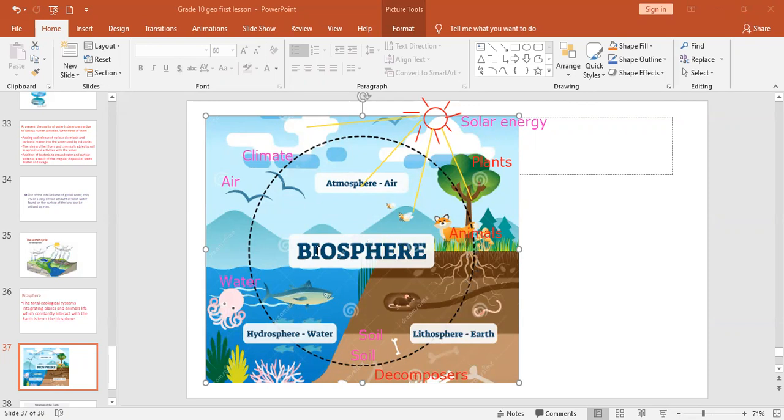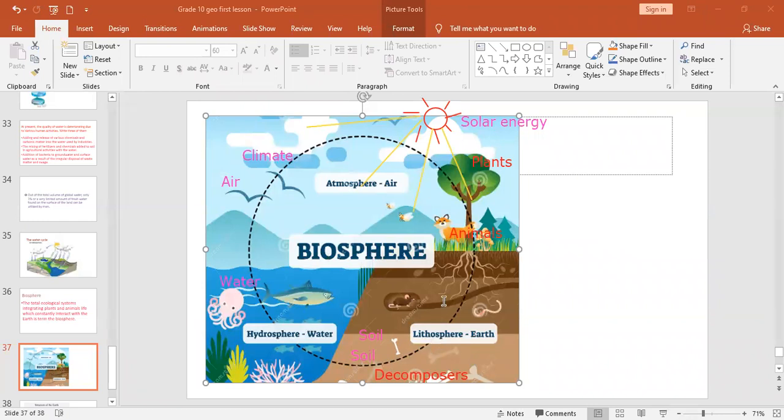animals also affect the biosphere. For the balance of the environment, all the animals in the environment have an influence, don't they? Plants also affect the biosphere. Plants provide food for animal life and help the existence of life on earth. Solar energy provides energy for all the living components.